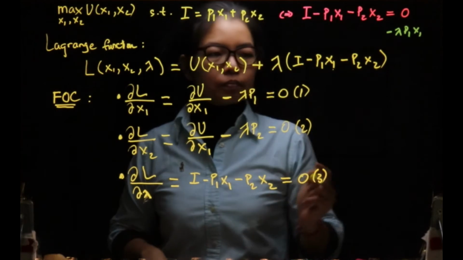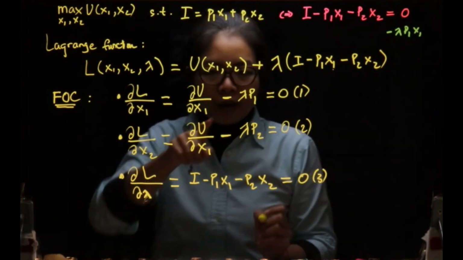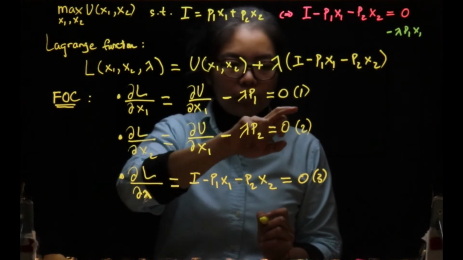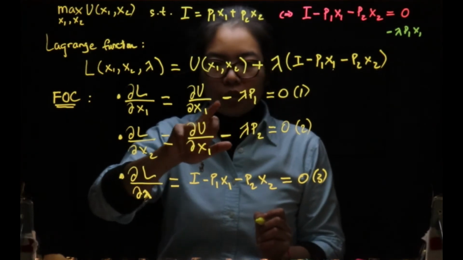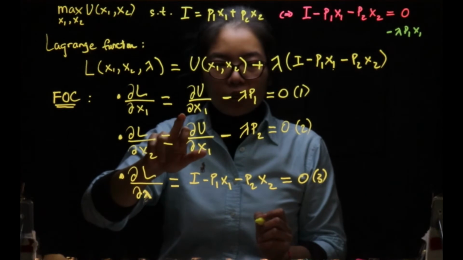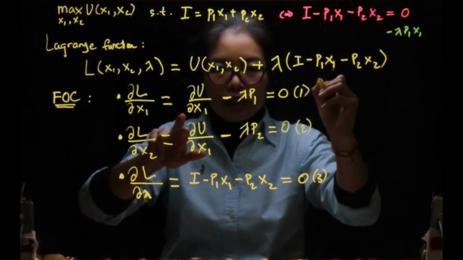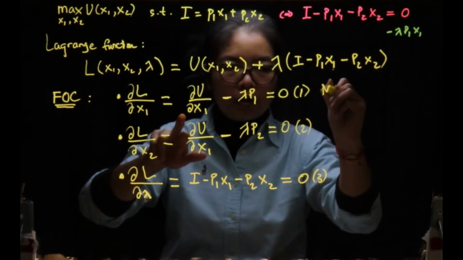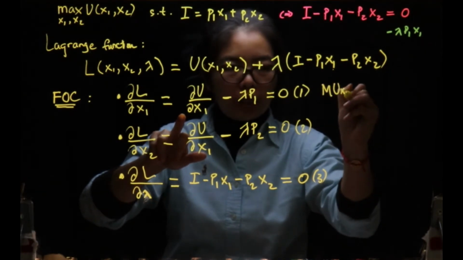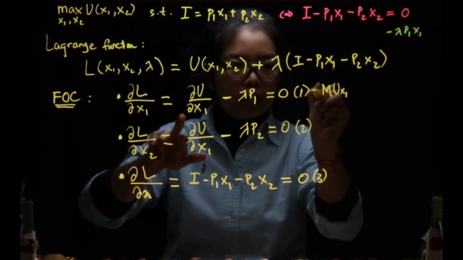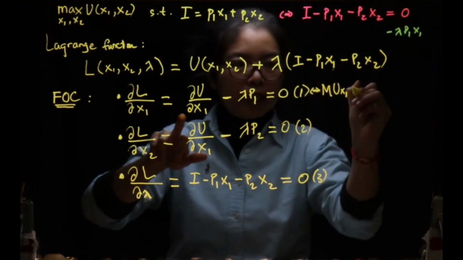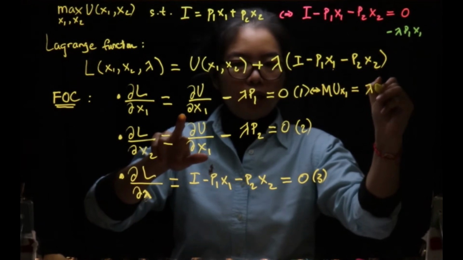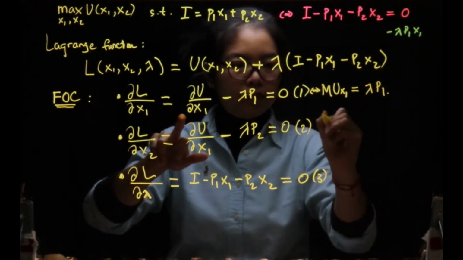So now look at the first condition equation. So du over dx1 is the marginal utility of x1, which equals lambda p1.